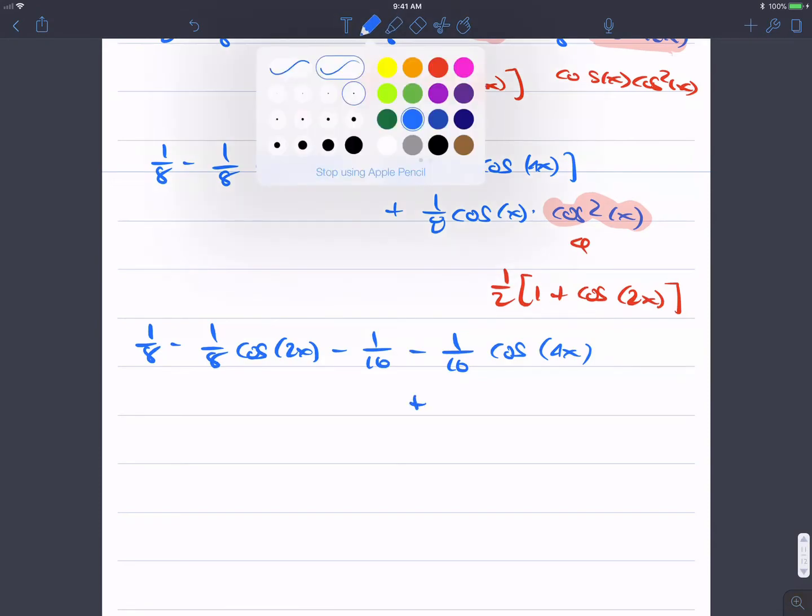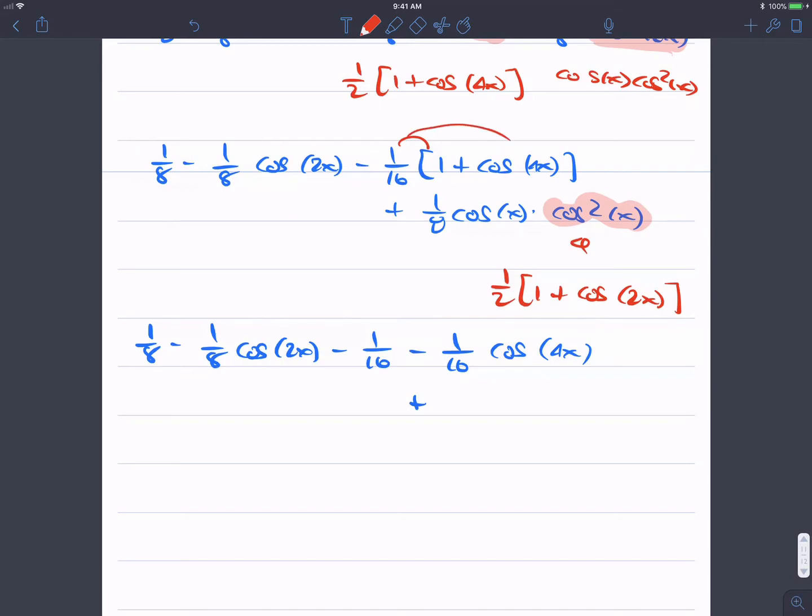Distributing right here. Now I'm going to have to do plus. Don't forget here there's a 1/8 cosine x times this whole thing. So that's going to give me, if I'm careful, the following.